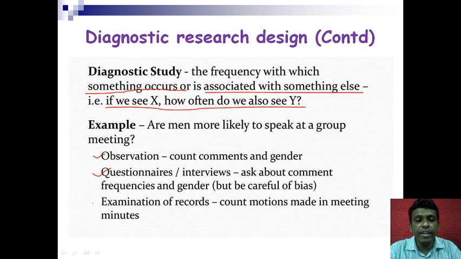The other technique that we can use is examination of records. Simply, that is secondary data that we are going to use. Instead of conducting an observation, a mock group discussion, or having questionnaires or interviews, you can go to previous meetings of the company, or maybe any other company, that is the secondary research data you are going to get, and you just count the number of motions that have been made in the meeting by male, and how many motions have been made by female candidates.